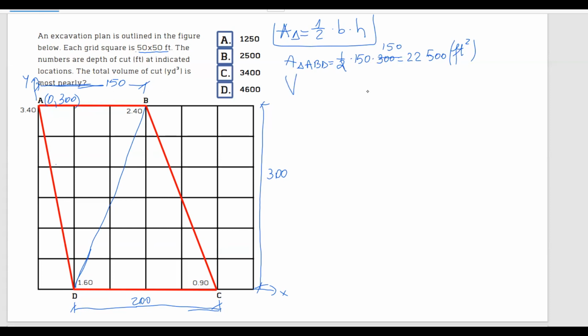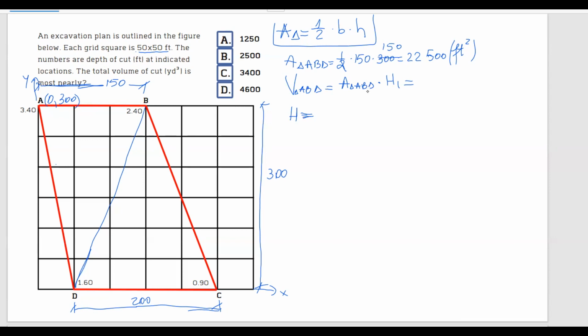Now that we have the area, let's calculate the volume of this triangle. The volume of ABD is equal to the area of triangle ABD multiplied by the height, H1. H1 is going to be the average depth of these points. How do we calculate the average?